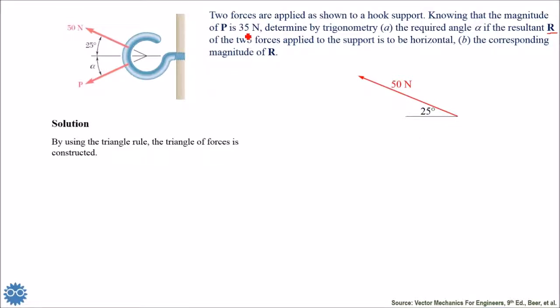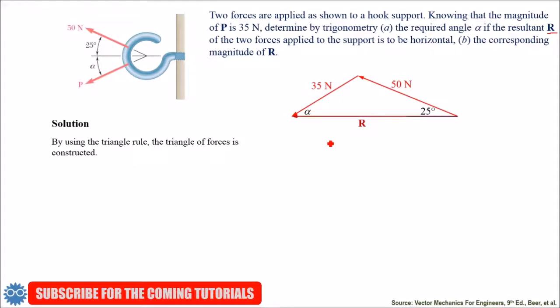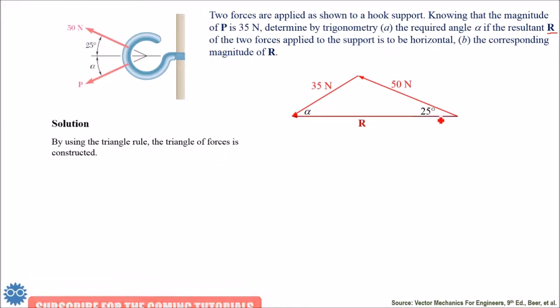Then we draw the force of 35 newtons. We don't know this angle, but what we know is that the resultant is horizontal. So we draw a horizontal line which represents the vector. So this is the triangle of forces.